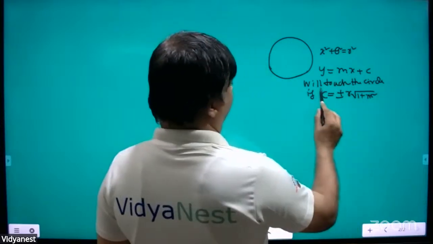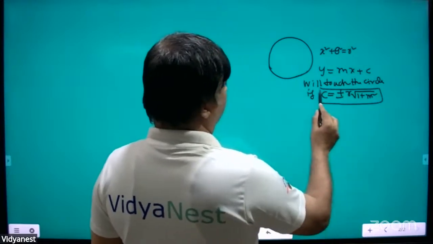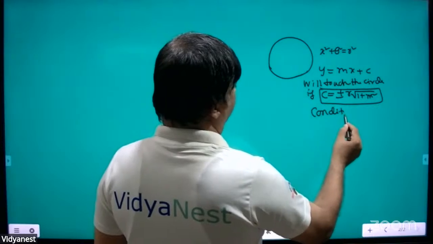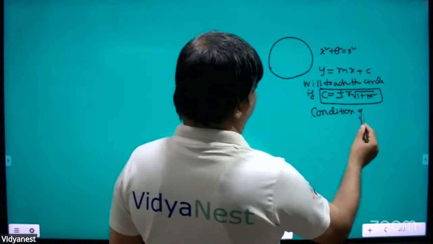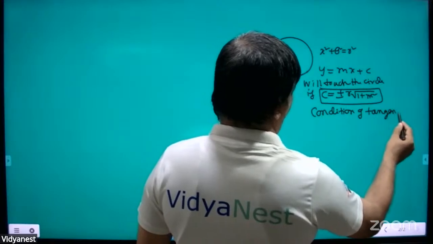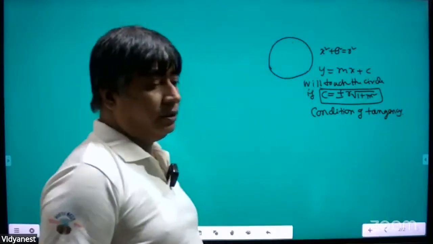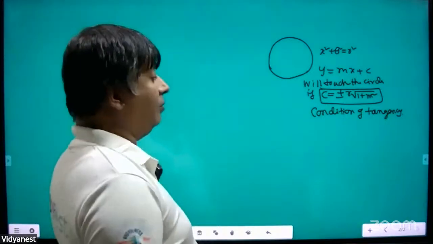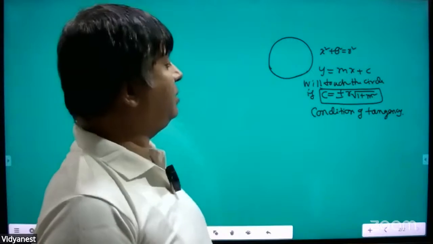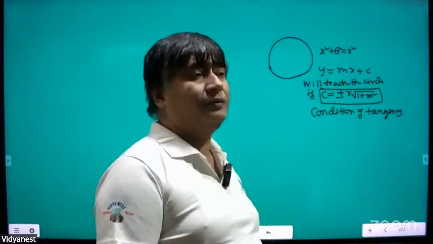So this is the condition of tangency. Okay. Now you can ask me, ये प्लस माइनस का मतलब क्या है?